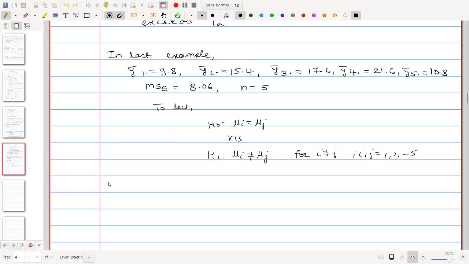consider T alpha. Now in this case, the ni's are the same, so T alpha will be Q alpha (a, f) into under root of MSE upon n.